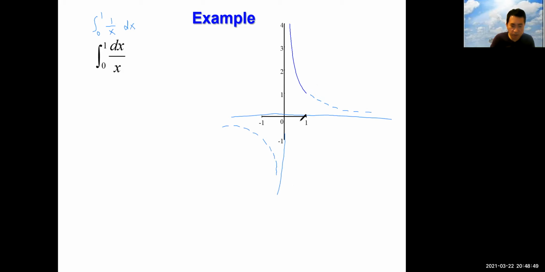If we take away the other parts, then I have this, from 0 to 1. We are looking at the area again between 0 and 1. This is where the 1 is. We're looking at this region.